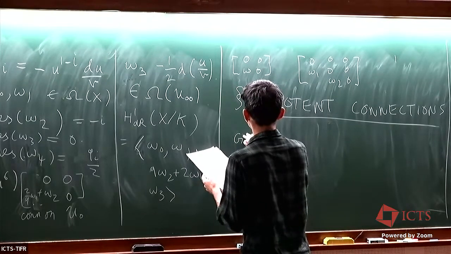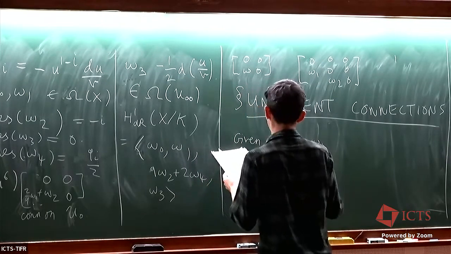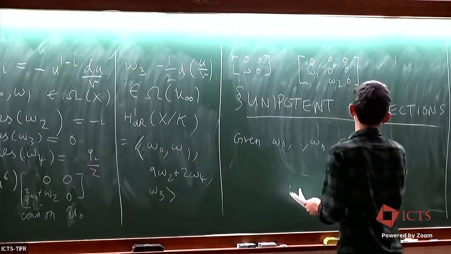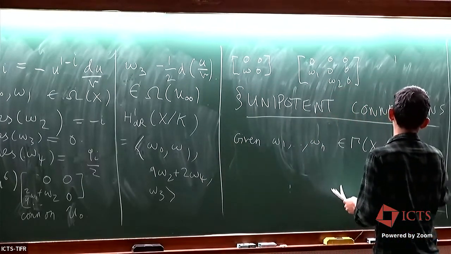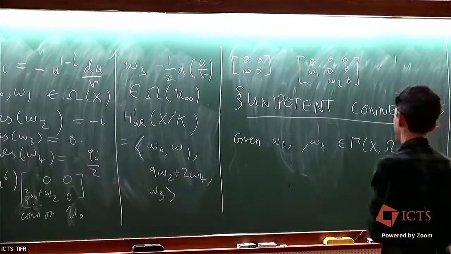So this is a construction. Suppose we're given some omega 1 up to omega n.